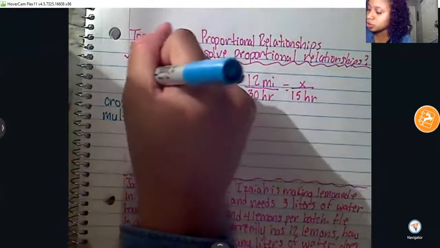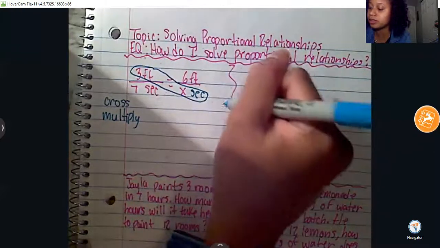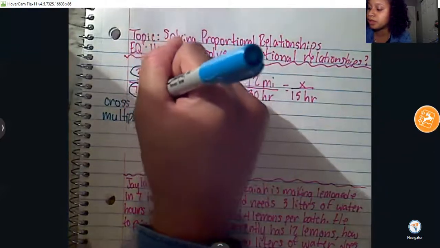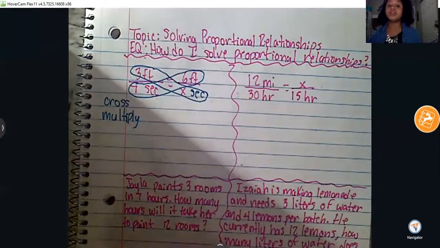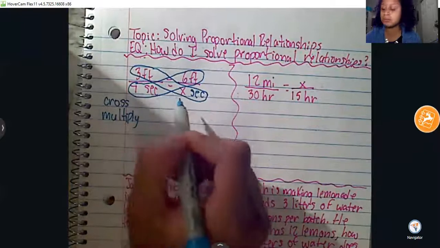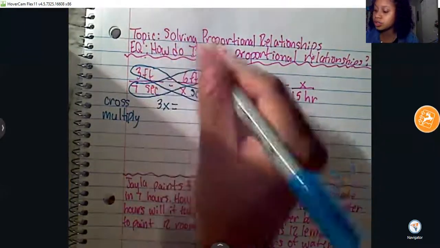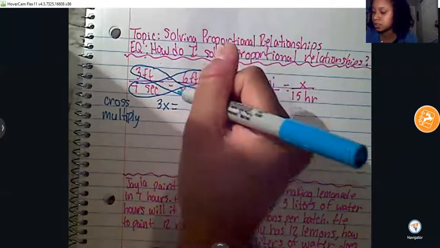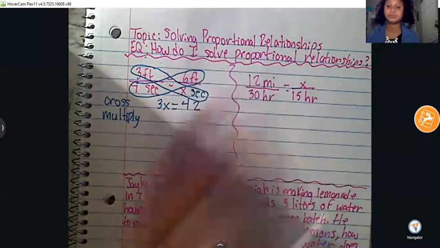You multiply the numerator with the denominator on the other side and vice versa. So you end up with 3 times x, which is 3x, is equal to, remember your equals in the center, 7 times 6, which equals 42.